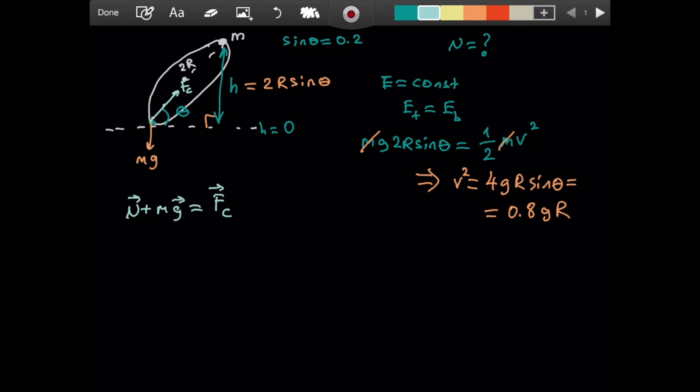The vector sum of the two forces gives the net force, which is the centripetal force. Alright? So, with that being said, now we're trying to understand the direction of the normal force.